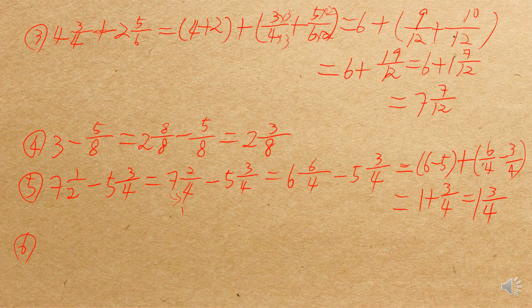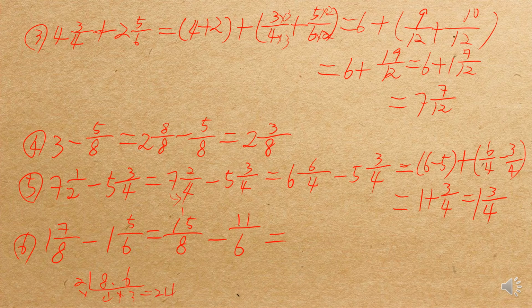Number 6. 1 and 7/8 minus 1 and 5/6. This one, the improper fractions are 15/8 minus 11/6. 8 and 6's common denominator is 24.